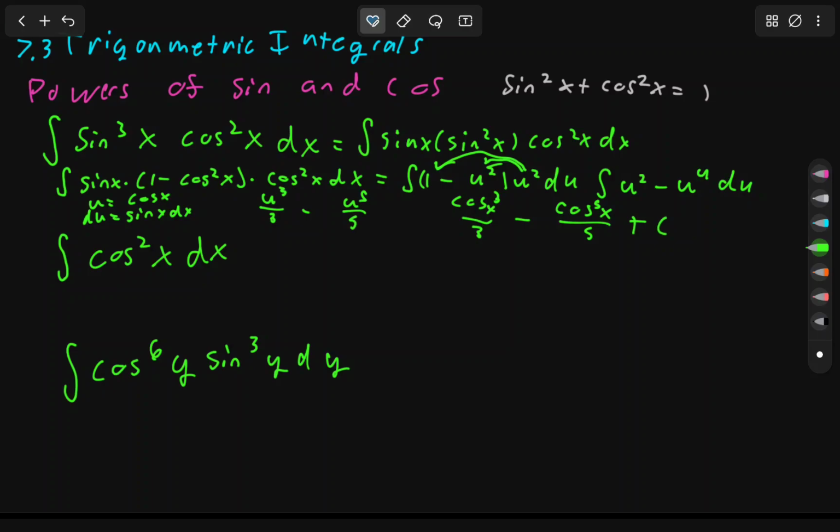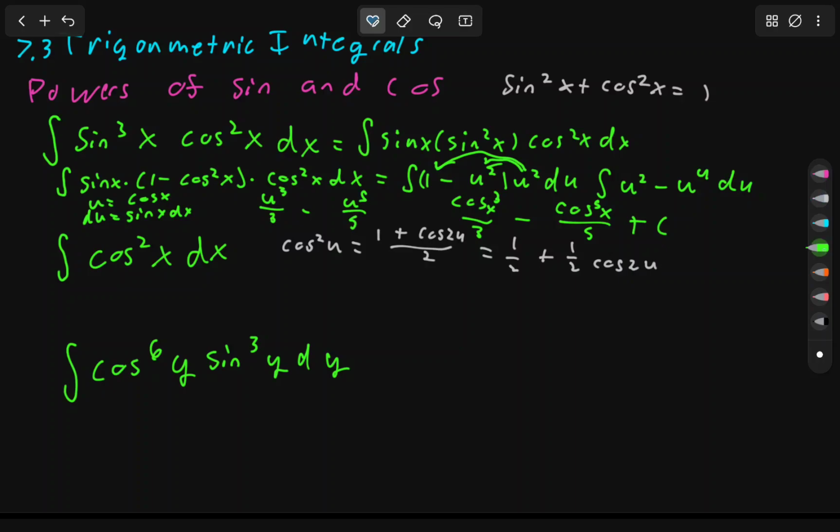For this next integral, we have to use a power reduction formula. In this case, we are going to use the formula cosine squared of u is equal to 1 plus cosine of 2u, all divided by 2, which we're just going to rewrite for our sake as 1/2 plus 1/2 cosine of 2u.